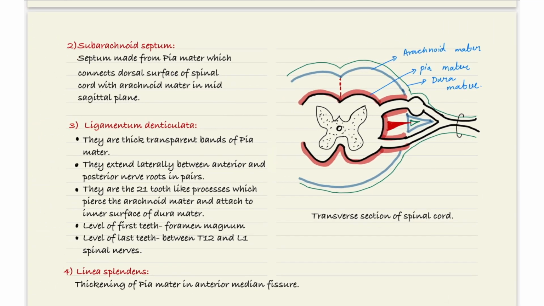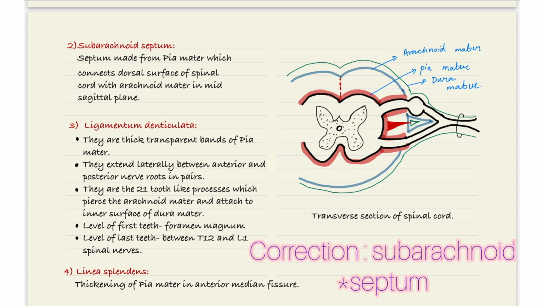So, the subarachnoid septum is made from pia mater, which connects the dorsal surface of the spinal cord. This is the dorsal surface and this is the ventral surface. So it connects the dorsal surface of the spinal cord with the arachnoid mater in the mid-sagittal plane. So this dotted part is the subarachnoid cistern.